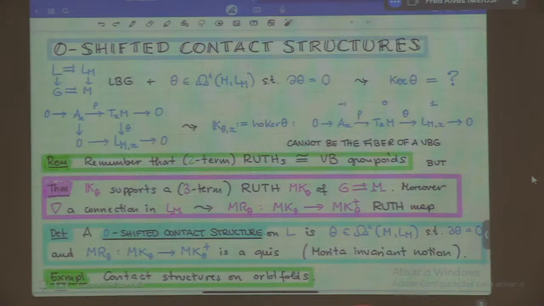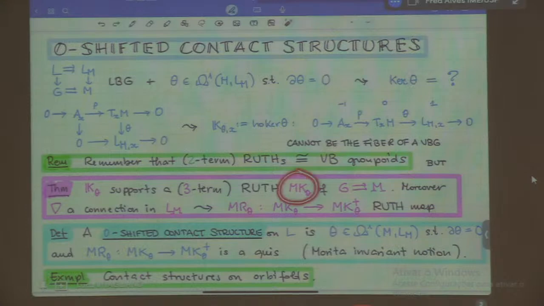But actually, it's not just a 3-term cochain complex. It can be proved that it supports a representation up to homotopy of the Lie groupoid. So it's a 3-term representation up to homotopy of the Lie groupoid. And so it's natural to define the kernel of theta as this 3-term representation up to homotopy.